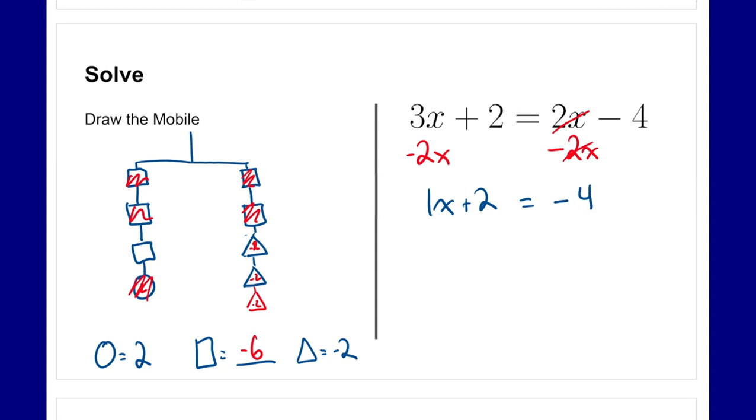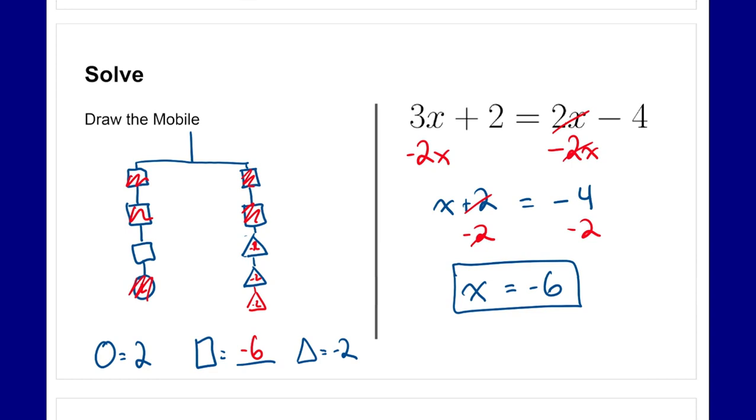So I did one step, and now I'm down to a two-step equation. 1x plus 2 equals -4. Or you could think of it as just a one-step equation. How do I get rid of that plus 2? Well, I minus 2. Keep things balanced. Do the same thing on the other side. I'm left with x is equal to -6, which is the same answer that I got with the mobile.